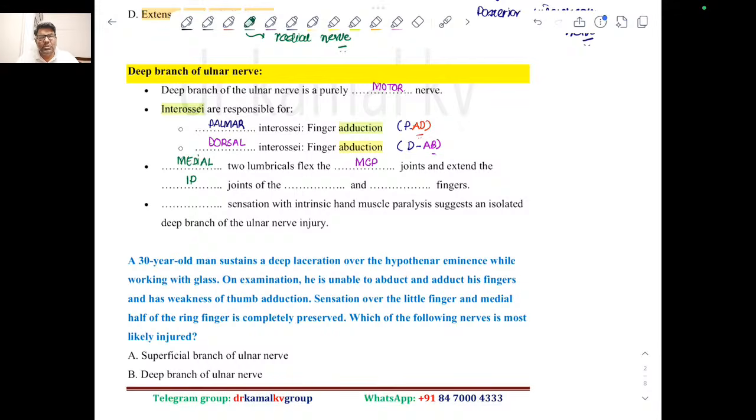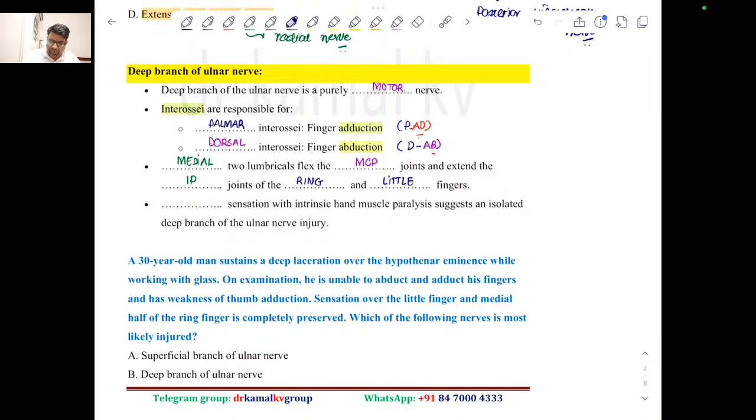Flexion of the MCP joint, that is the metacarpophalangeal joint, and extension of the interphalangeal joints, but of which fingers? The ring finger and the little finger. Clear? The lumbricals acting on the ring and the little fingers are supplied by the deep branch of the ulnar nerve.